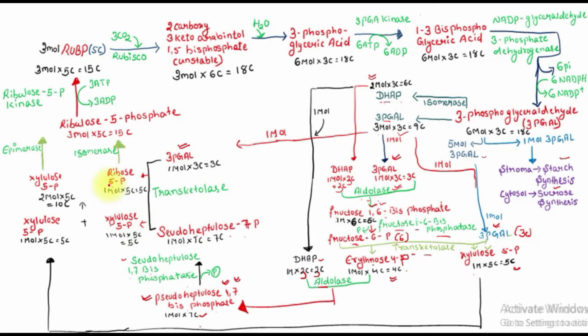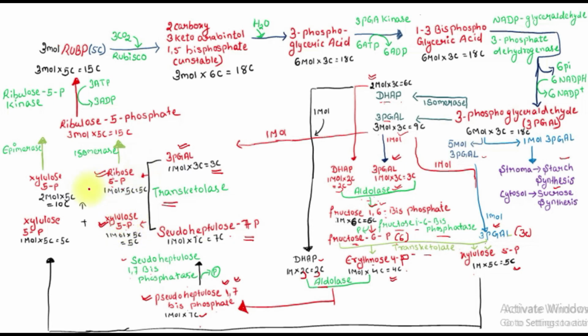These are 5-carbon containing compounds. We have utilized here 3-PGAL, which was a 3-carbon containing compound, and pseudoheptulose was a 7-carbon containing compound. In presence of the enzyme transketolase, it gave ribose 5-phosphate and xylulose 5-phosphate.